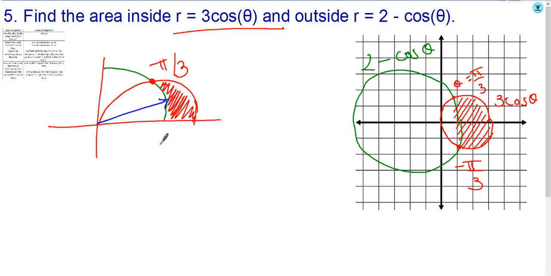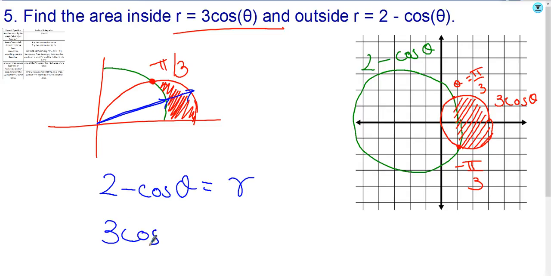So the first region I touch is 2 minus cosine theta, and that tells me that 2 minus cosine theta is going to be my small r. And the second region that I touch is the 3 cosine theta, which tells me that that's going to be my big R. So you remember, you can't sweep here. You have to sweep where you touch the area.